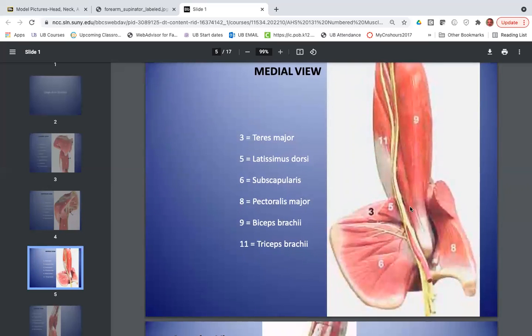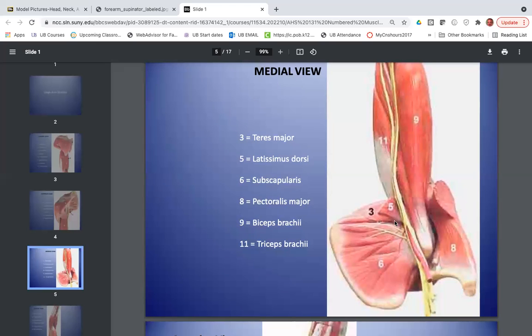Okay, so now the arm is upside down, but we could see number 6, the subscapularis. We could see teres major. Now, teres major and the lats, the latissimus dorsi, they have an insertion site that's almost identical.